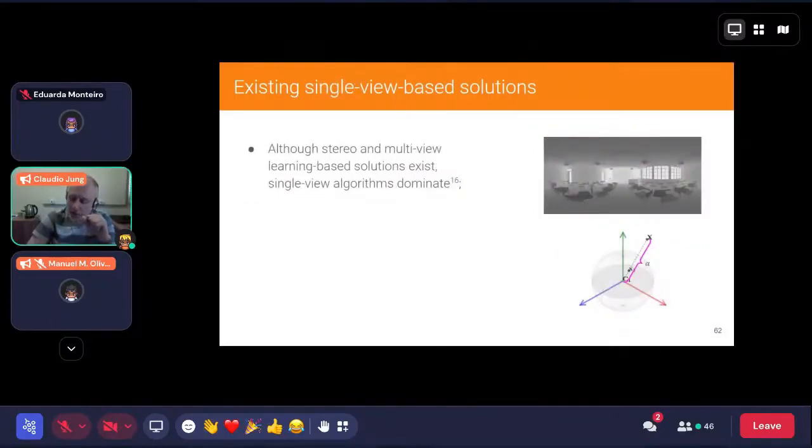And in the literature, you see that single view methods are becoming more popular. And one main reason is that, okay, you need just one view. If you need just one view, why get more views?